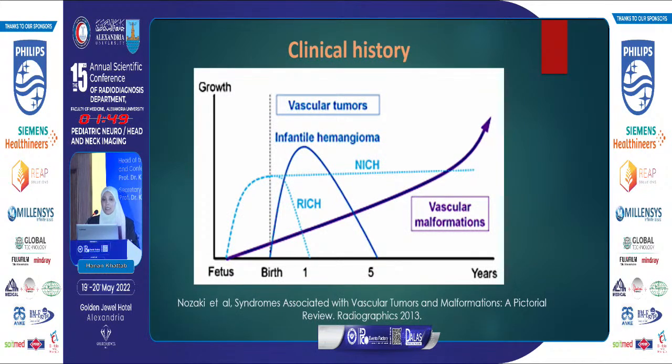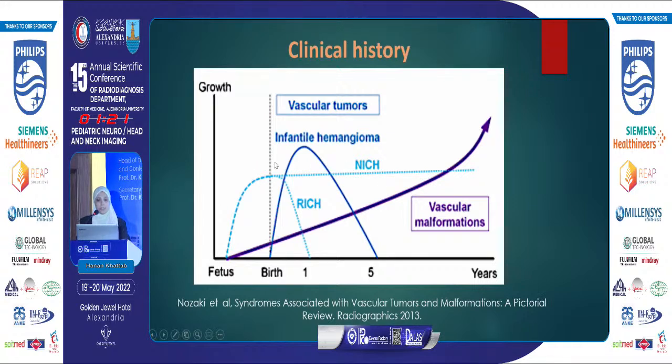To summarize, when we assess the clinical history of the lesion in a suspected vascular anomaly, if the lesion is not present at birth, appears in the first few weeks or even first few months of life, then grows rapidly during the first year of life, then gradually involutes over years, this is an infantile hemangioma. If the lesion is fully formed and present at birth and without involution, it is a non-involuting congenital hemangioma.